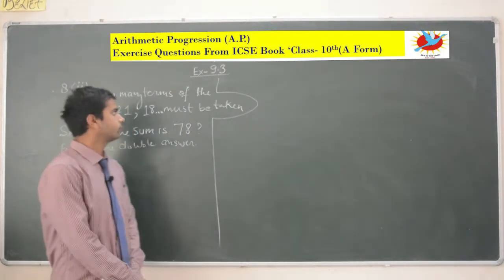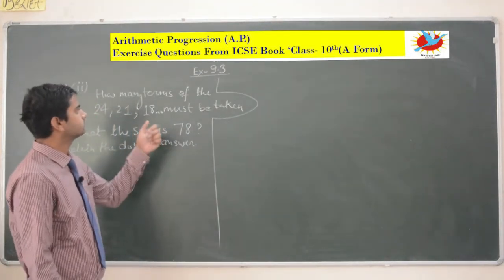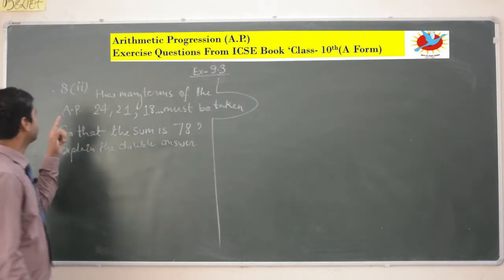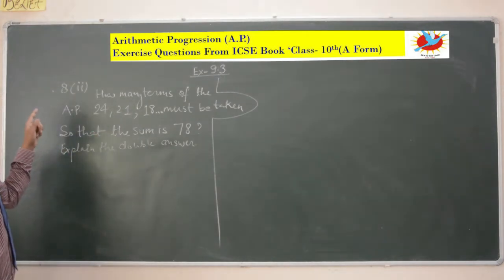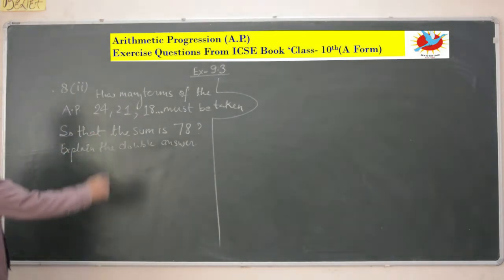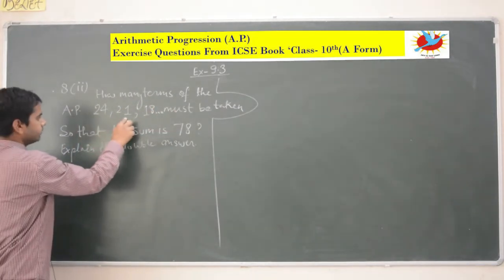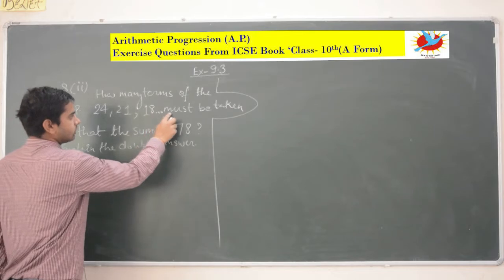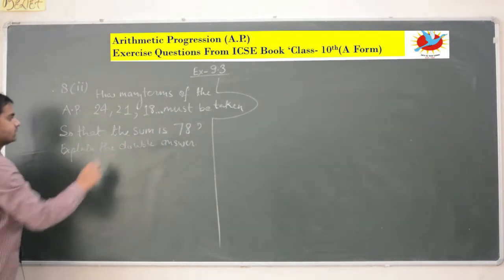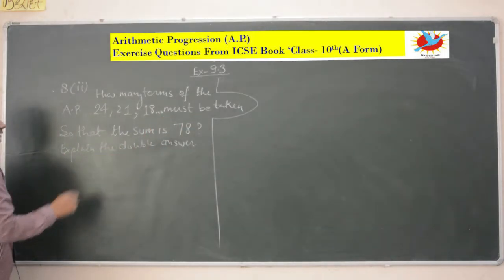Here we have one more problem from exercise 9.3, problem number 8, second part. The question is, how many terms of the AP 24, 21, 18 must be taken so that the sum is 78? Explain the double answer.